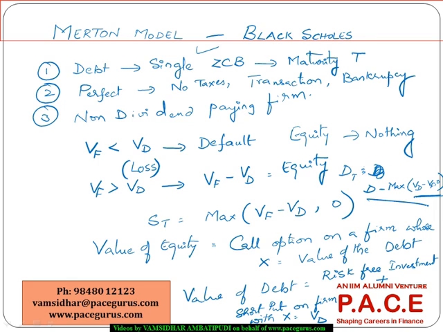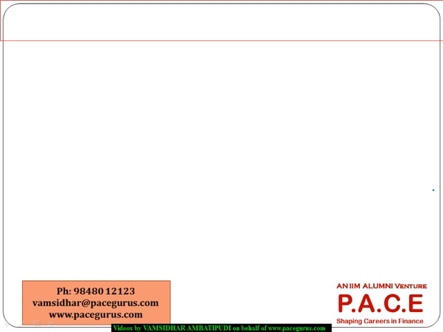Otherwise, his loss is to the extent of the debt value minus this. So we could express both the value of debt and the value of equity in the form of an option: a call option for the value of the equity and a put option for the value of the debt.